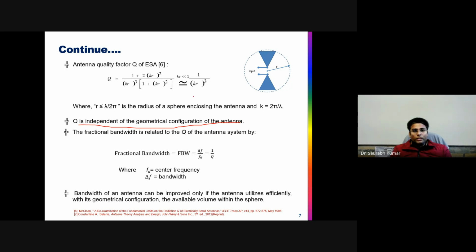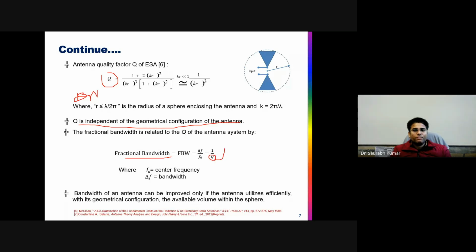So this was the quality factor, which relates that the antenna becomes a storing element, and hence the radiation efficiency will decrease. Another factor is how this quality factor is related to the bandwidth of the antenna. The fractional bandwidth of the antenna is inversely proportional to the quality factor.